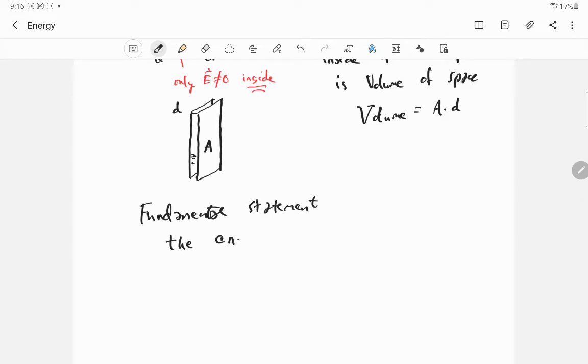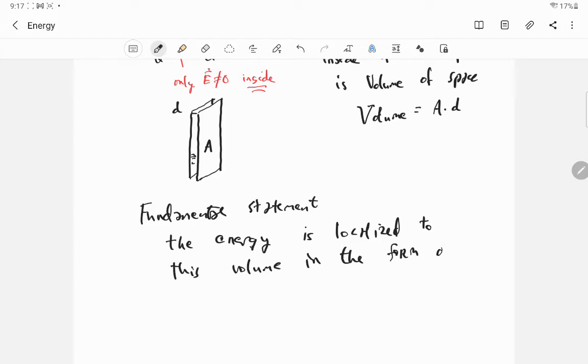The energy is localized to this volume in the form of a uniform electric field.